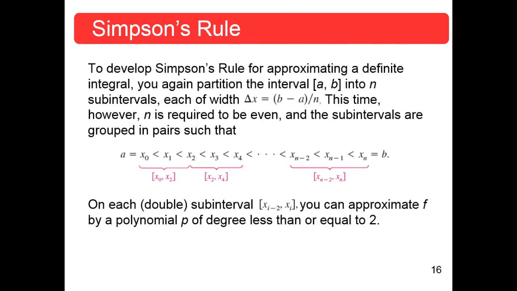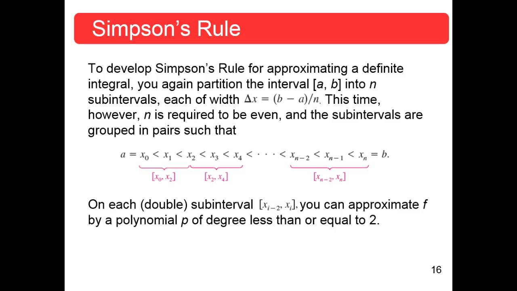All right. To develop Simpson's rule for approximating a definite integral, you again partition the interval a to b, inclusive, into n subintervals, each with a width of, guess what? B minus a divided by n, just like we did before. And that looks a lot like what we had there, except the n would be 6, but that is always for 6.